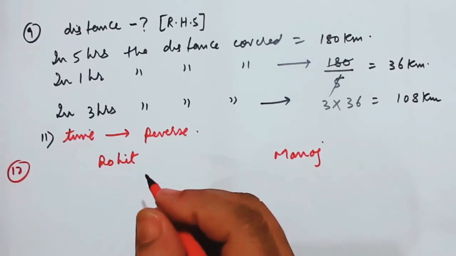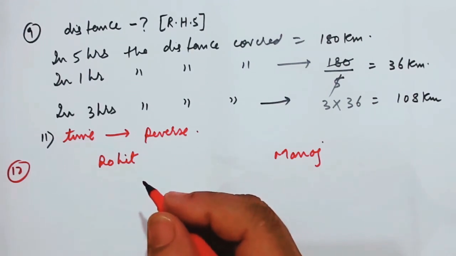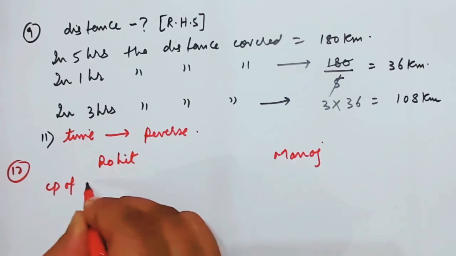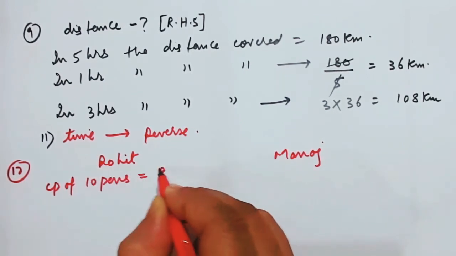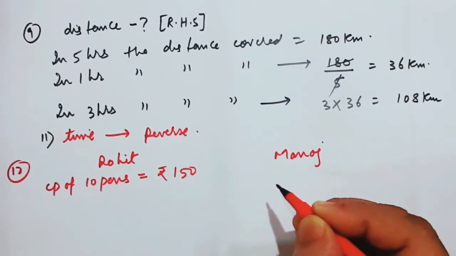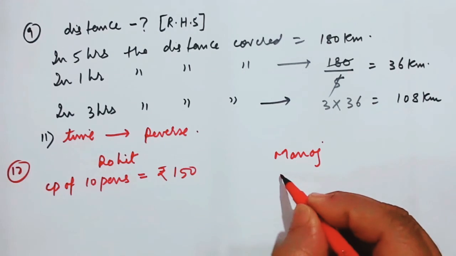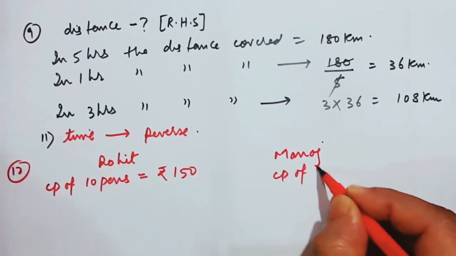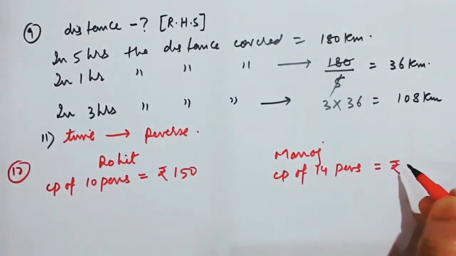Rohit buys 10 pens, all of one brand, for rupees 150. So here let me write: the cost price of 10 pens is equal to rupees 150. And Manoj Bhaiya buys 14 pens. Cost price of 14 pens is equal to rupees how much?